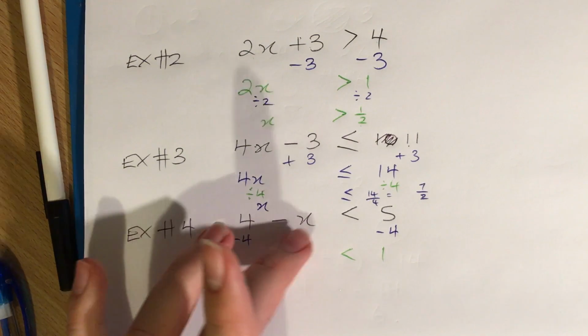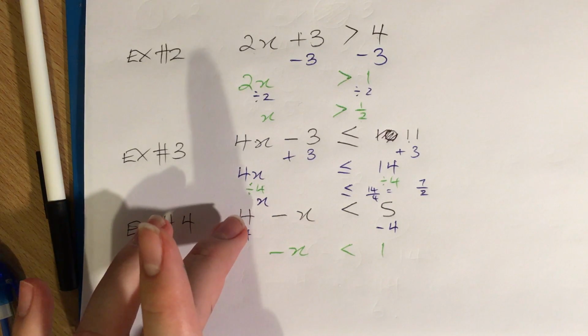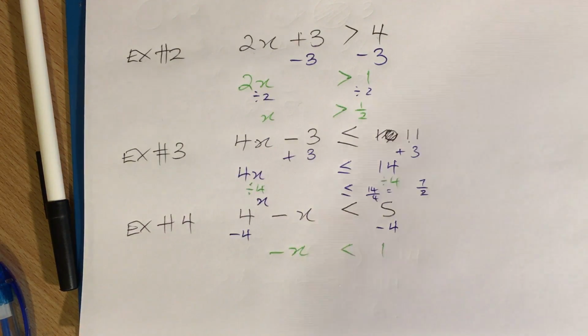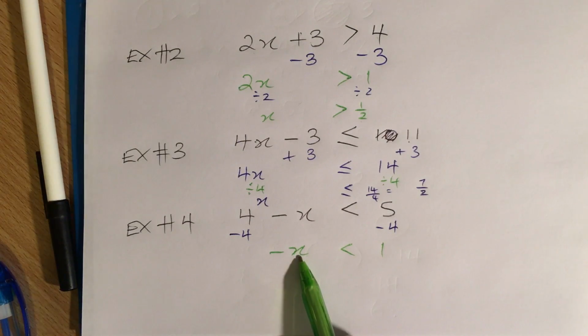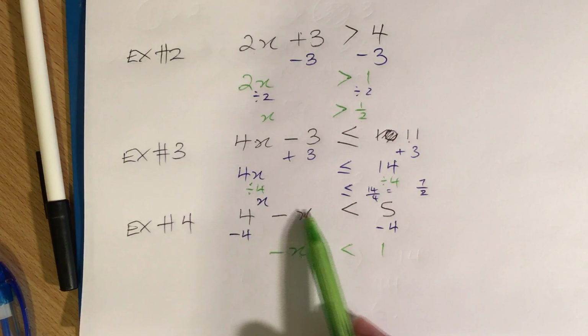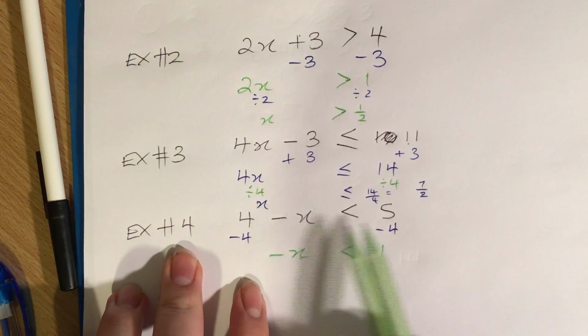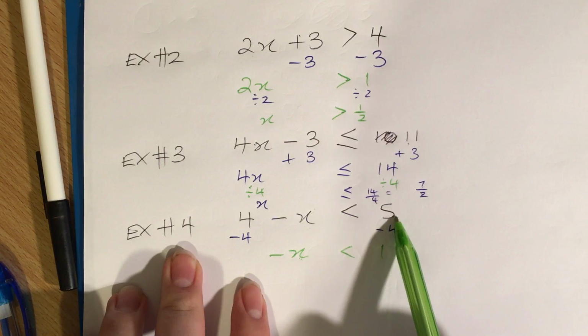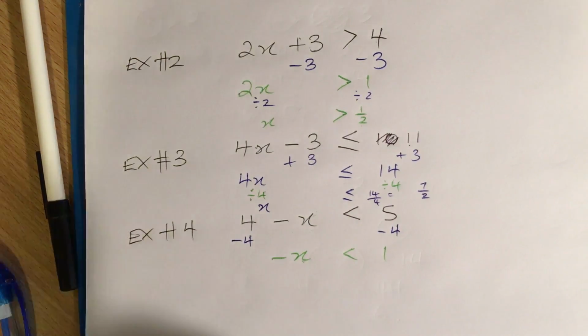Negative x would have to be less than 1, because if negative x was equal to 1, imagine x was minus 1. Minus and minus will make a plus. So 4 plus 1 is equal to 5. So that's what negative x is.